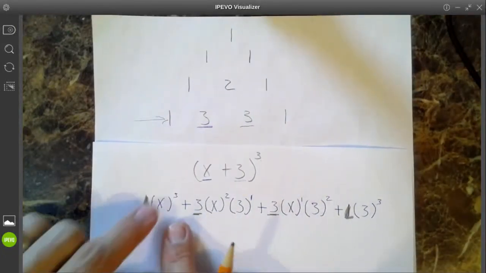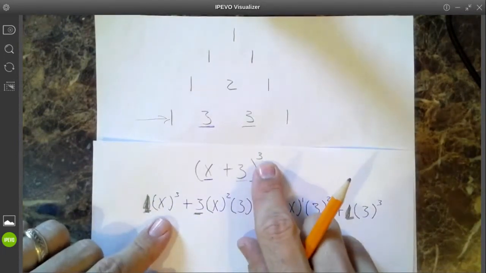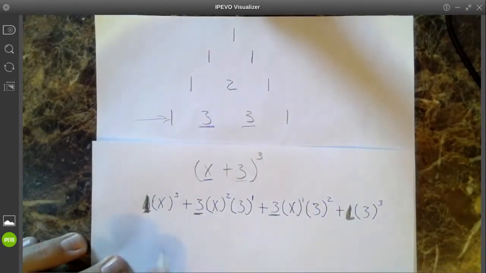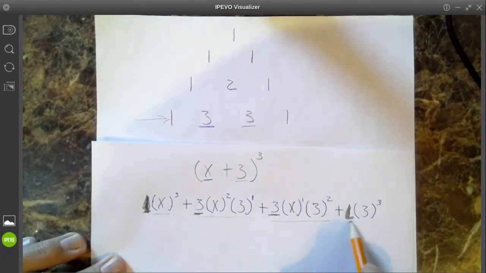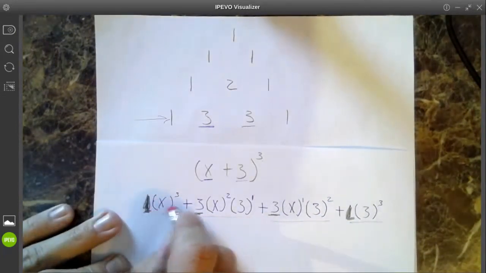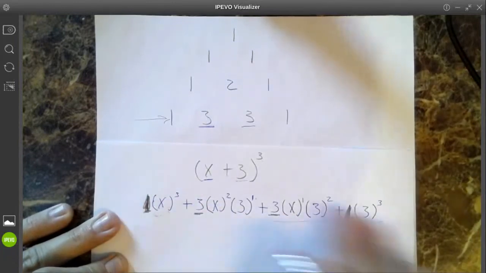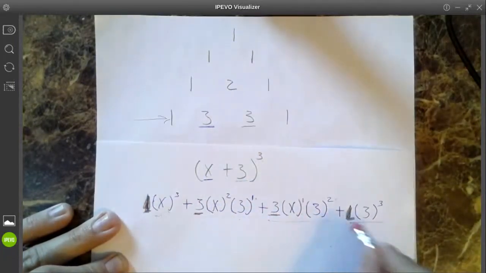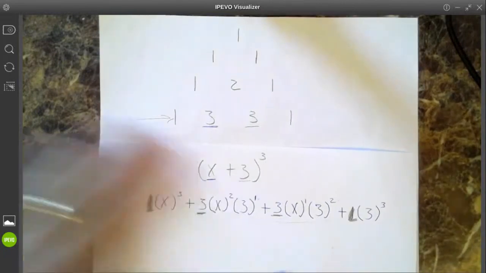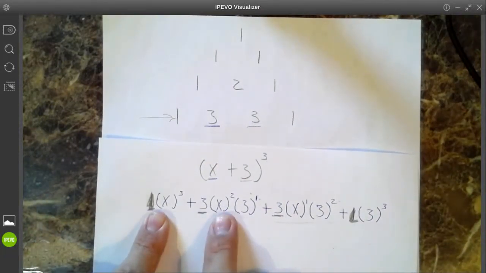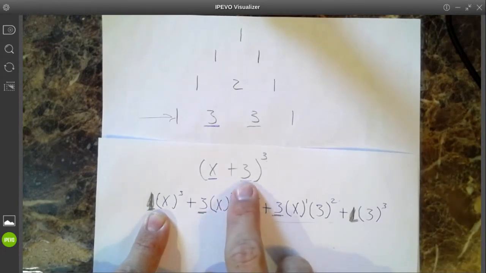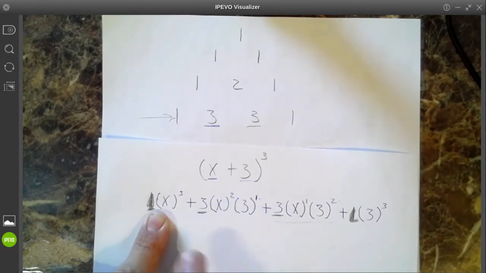Your exponents, because you were dealing with a third power, the powers on each of those terms are always going to add up to 3. On the first one, we had x to the third. On the second one, we had x to the second, but our 3 here was to the first power. And then on our third one, it was an x to the 1. This was 3 to the second.